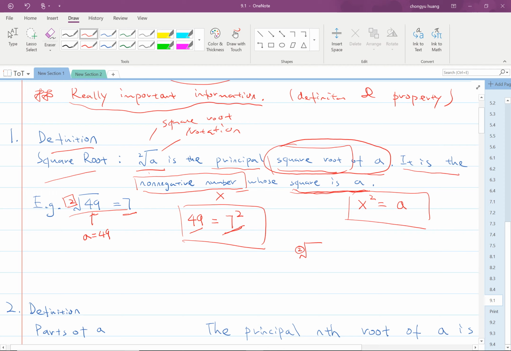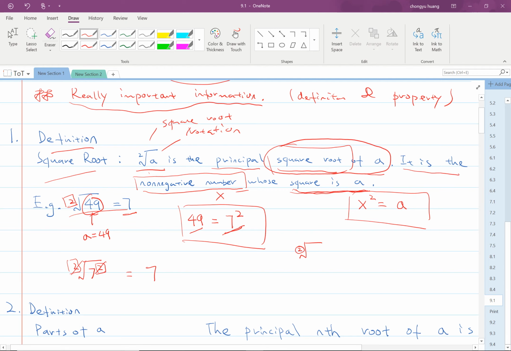A little more detail: 49 is 7 squared, so you see a square root and a square, and those cancel. It is just equal to 7.